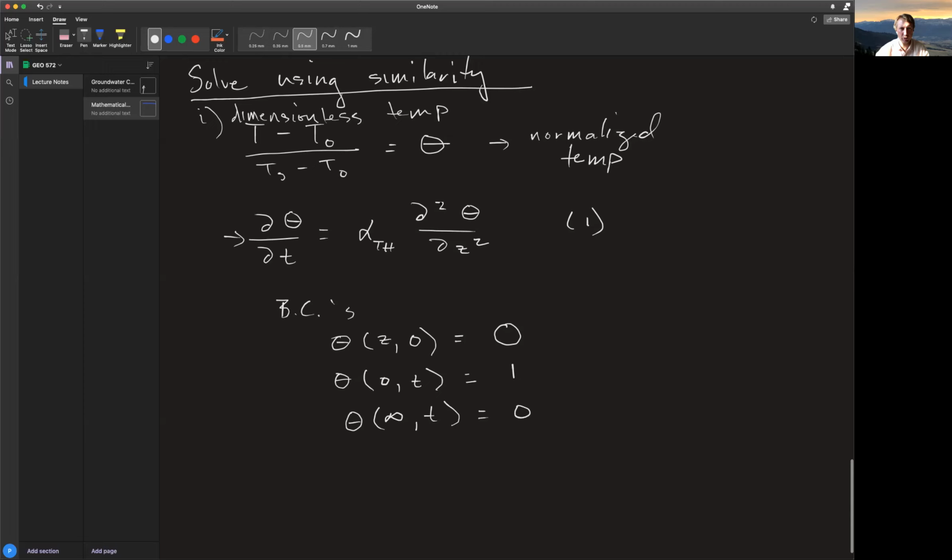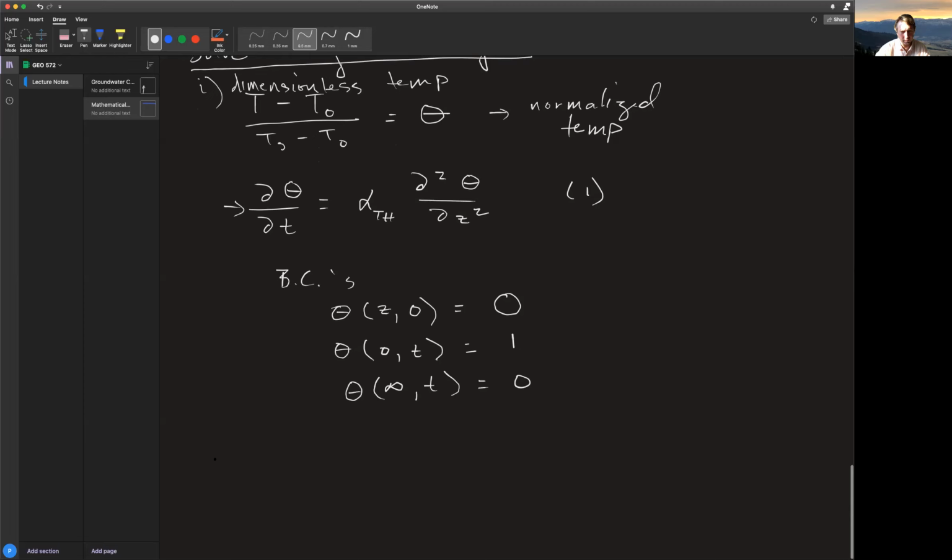Okay, step 2, dimensionless distance. So we're going to define this thing. We're going to call it eta.